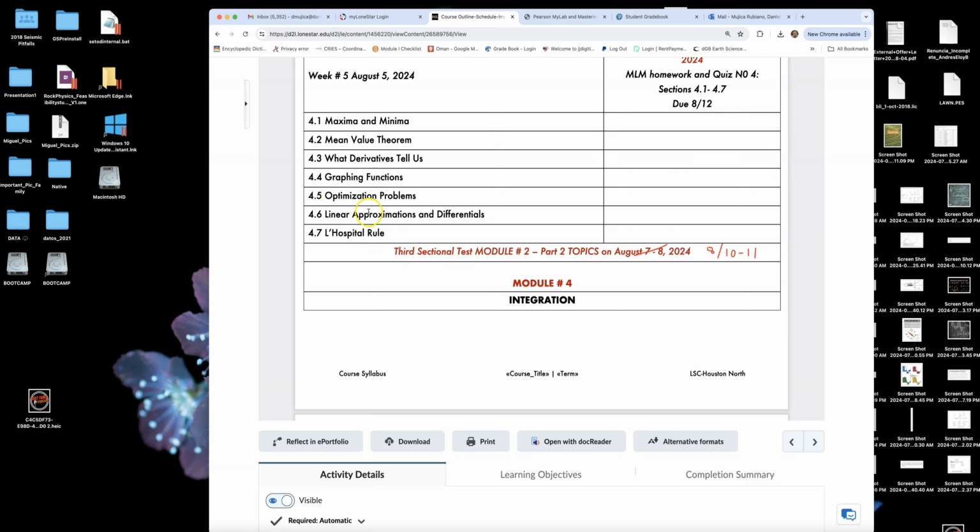Then we are going to make some applications in section 4.1, that is optimization problems. Optimization problems is to find the maximum value of a function, if that maximum value exists, okay? Because we are able to find the maximum and the minimum value of a given function as an application of the derivatives.